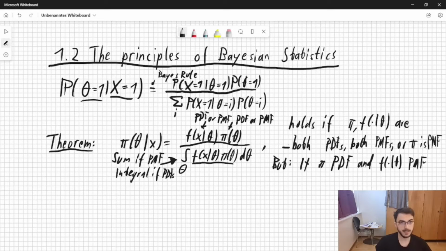Because in this case, it can be that x given theta is discrete and x, so the marginal distribution of x, does not have to be a discrete distribution.